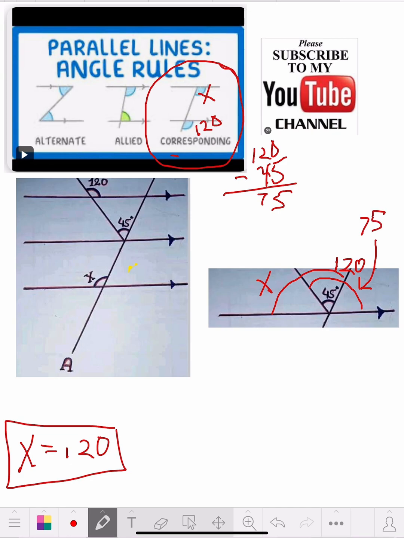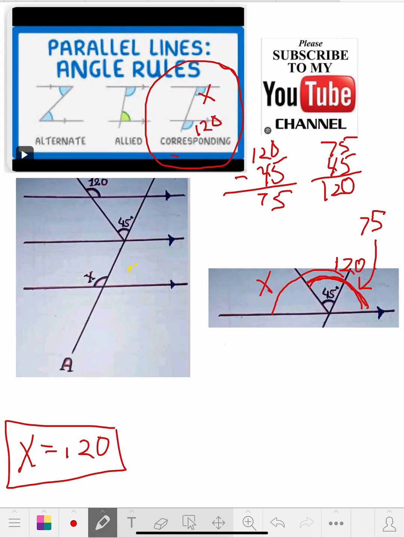Okay, so now we know 75. I can already see where this is going. 45 equals 120. So now we know this whole thing is 120, right? So what we have to do now is solve for x.